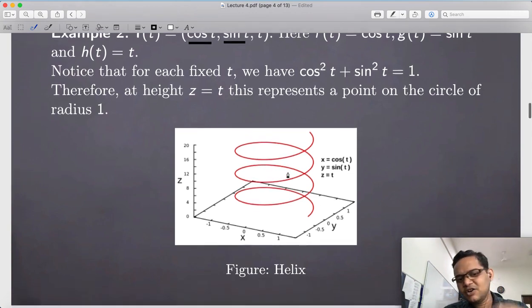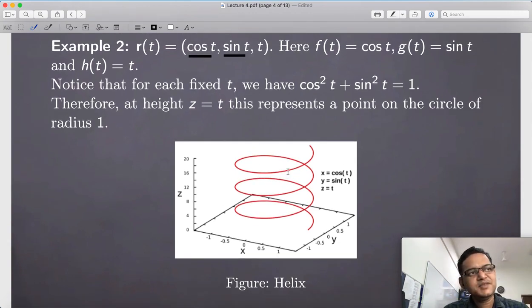So basically what is happening is that the parameter t is being sent to a vector via this function, and we refer to it as a vector valued function.